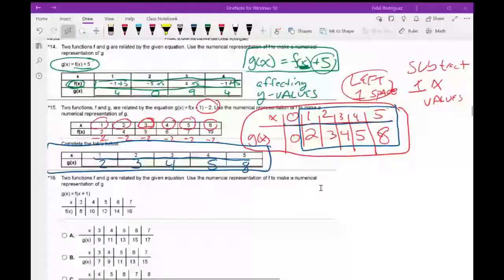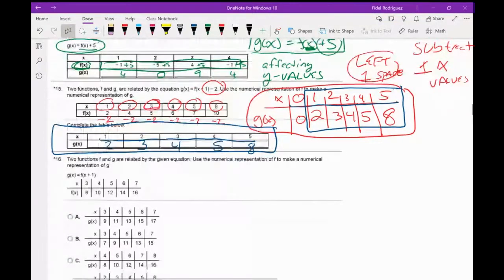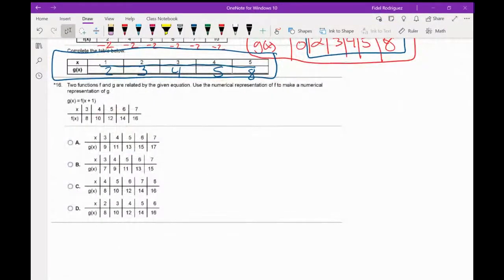So guys, anytime we have, and I'll tell you what, we'll even do 16 because 16 is very similar. Anytime I'm looking at my function, the way they're describing it to us here, I'm just going to write it so it's a little bit bigger.